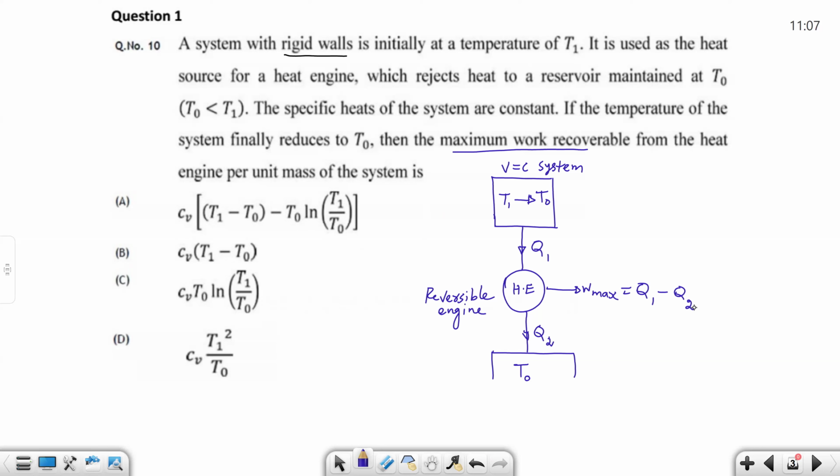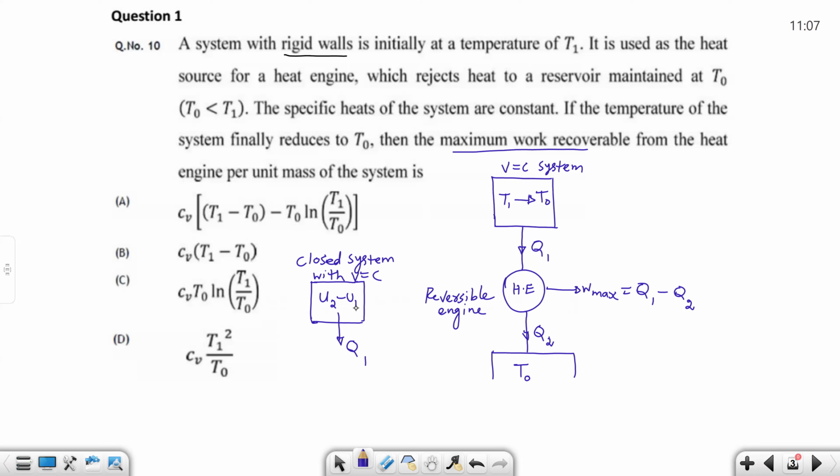So we know that this closed system, maybe you can see that the heat is removed from the system, Q1. No work transfer. So it is a closed system with volume constant. So there will be a change in internal energy, U2 minus U1.